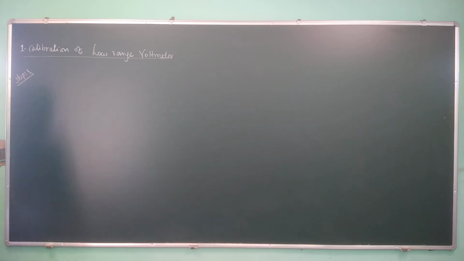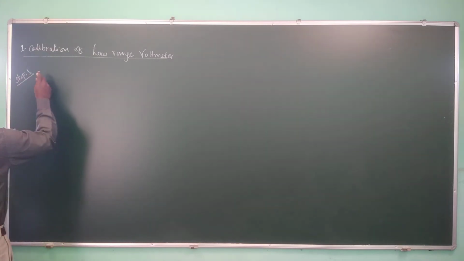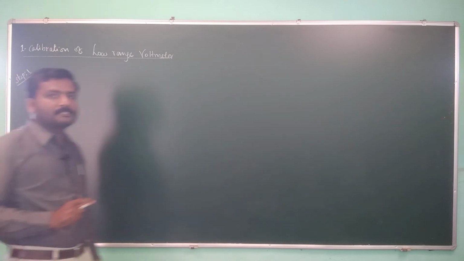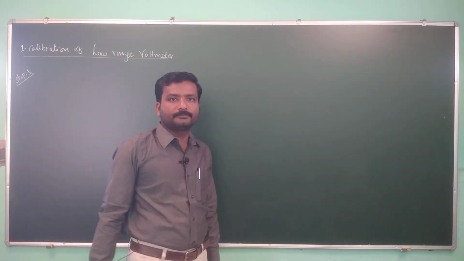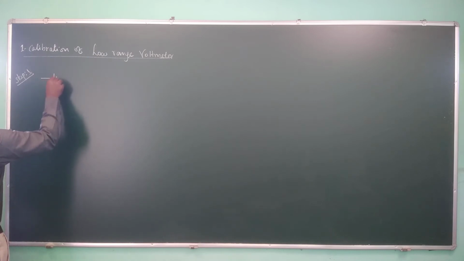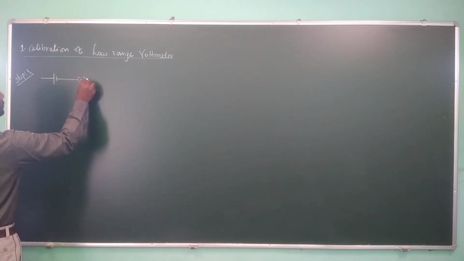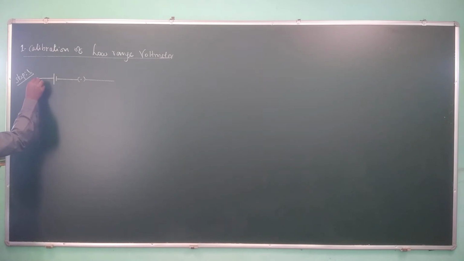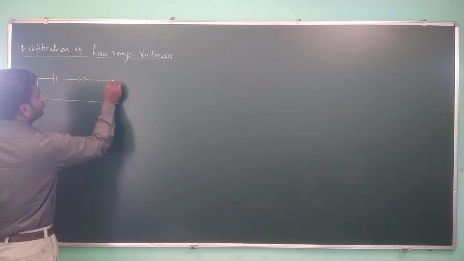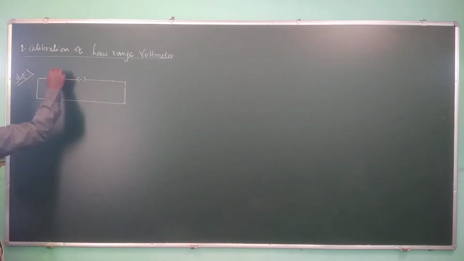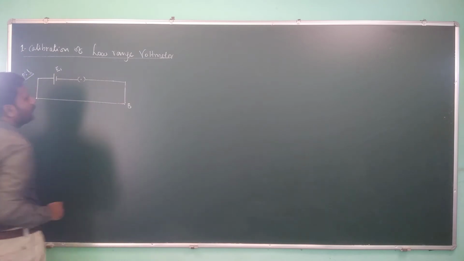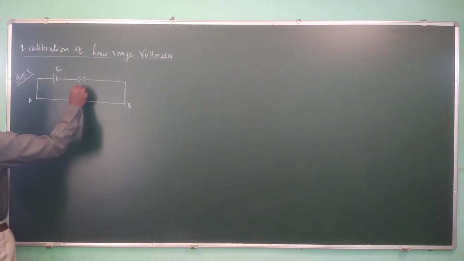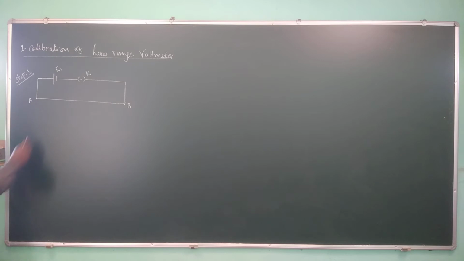Step 1. We need to calculate the balancing length for a standard cell. Let us take a potentiometer which is connected with a battery E1. These are the two edges of the potentiometer and this is the key.